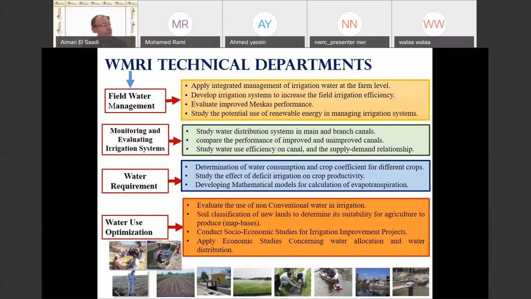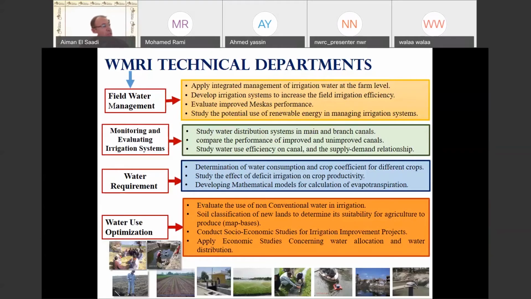Water management to allocate. Actually, we work very closely with the Ministry of Agriculture Research Institutes and agree with approved water needs for different crops for different water systems. Finally, we have the water use optimization department.